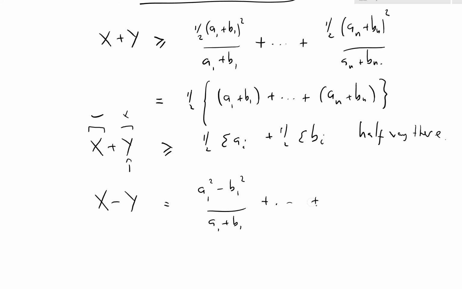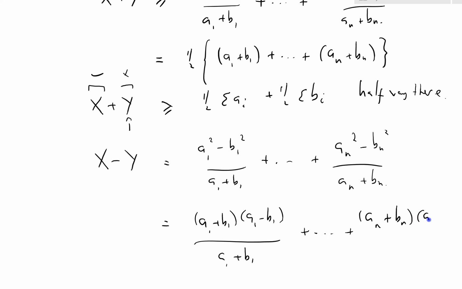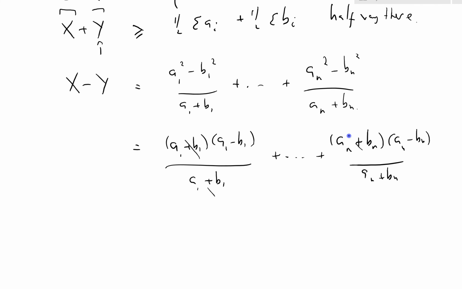Dot dot dot, plus an squared minus bn squared over an plus bn, equals a1 plus b1 times a1 minus b1, difference of two squares, over a1 plus b1, and of course it's going to cancel, plus an minus bn over an plus bn. And of course all the a plus b terms cancel. Equals sigma ai minus sigma bi equals 0.